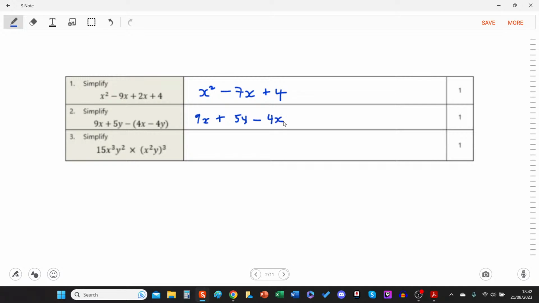So as we expand the negative, that comes in and makes the 4x negative, but crucially, that's where a lot of people go wrong, the y becomes positive. Now we've just got some like terms. So in total, we have 5x and 9y. Okay, so there's your second one.